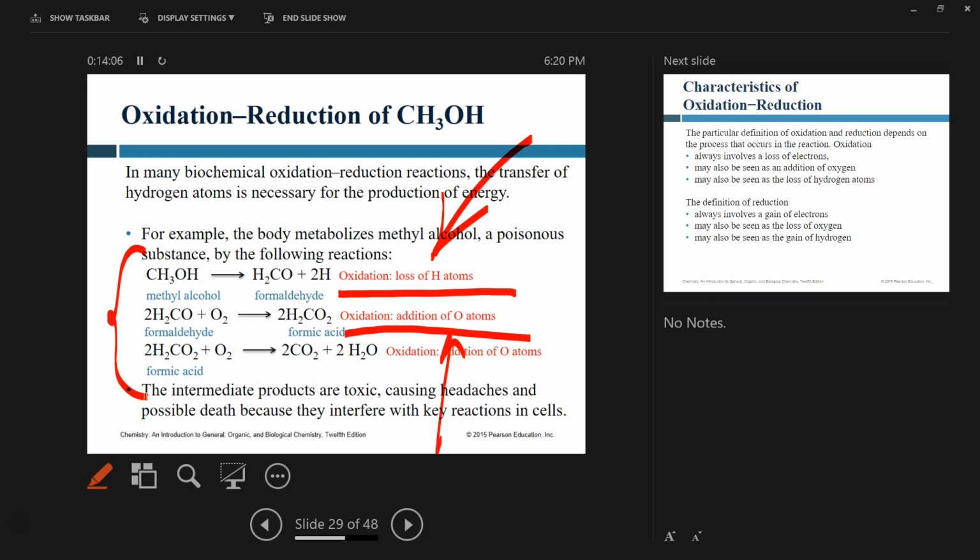The products of methanol metabolism, formaldehyde and formic acid, are pretty toxic. The symptoms of methanol poisoning are blindness and eventually death.